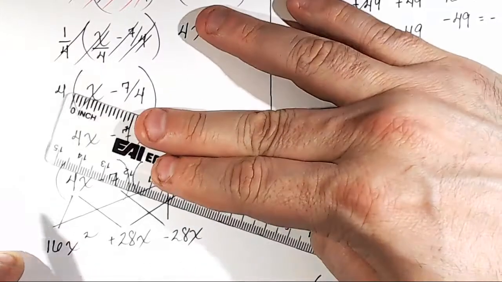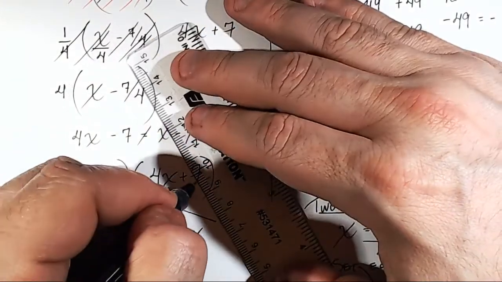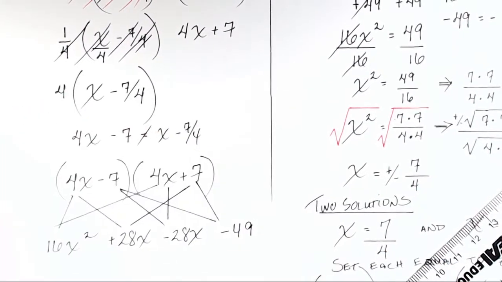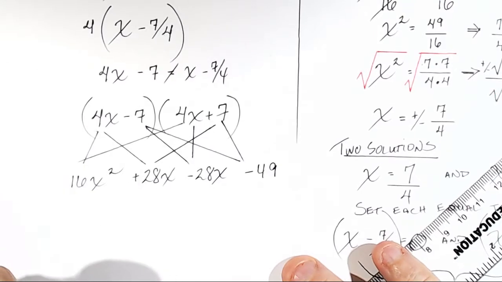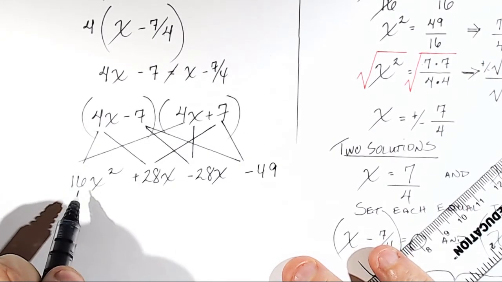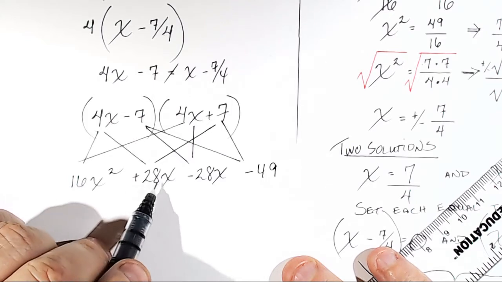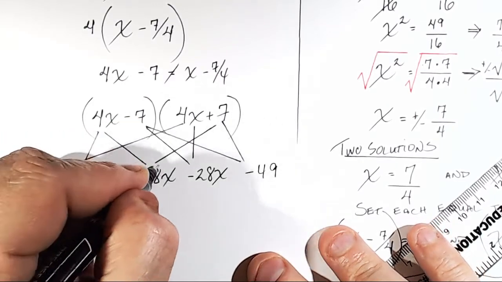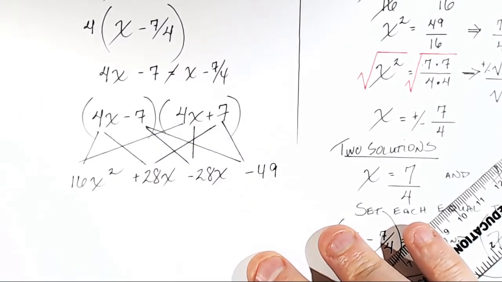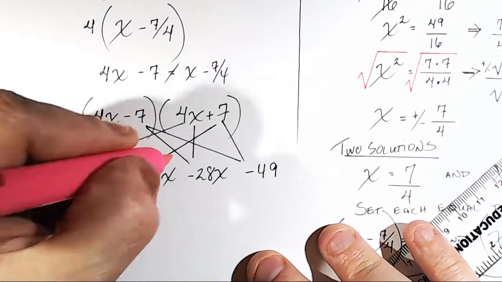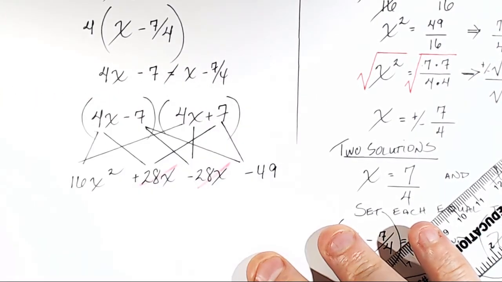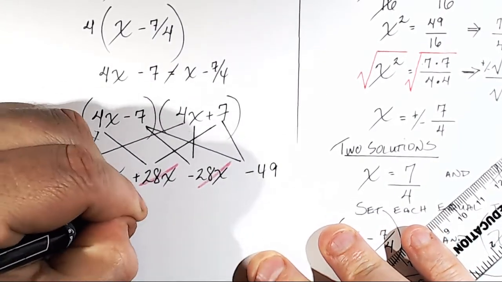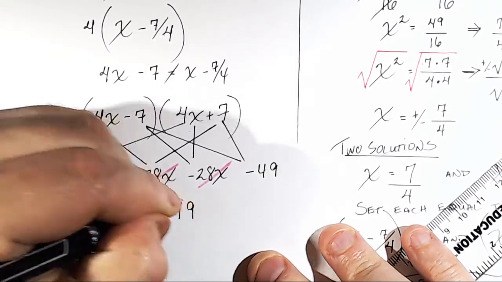And negative 7 times 7 equals negative 49. So 16x squared plus 28x minus 28x minus 49. These terms cancel in the middle. I've got now 16x squared minus 49.